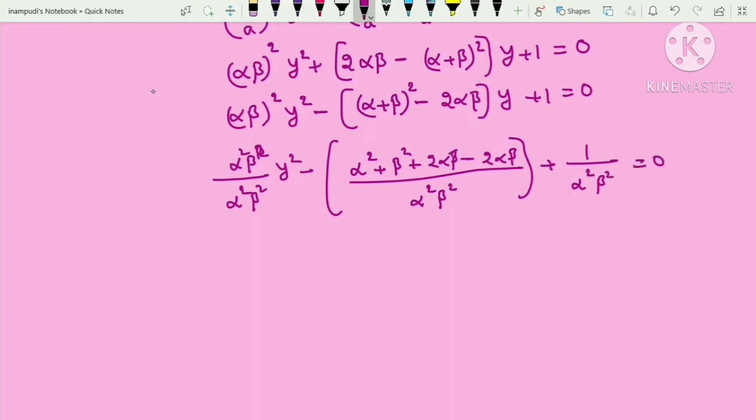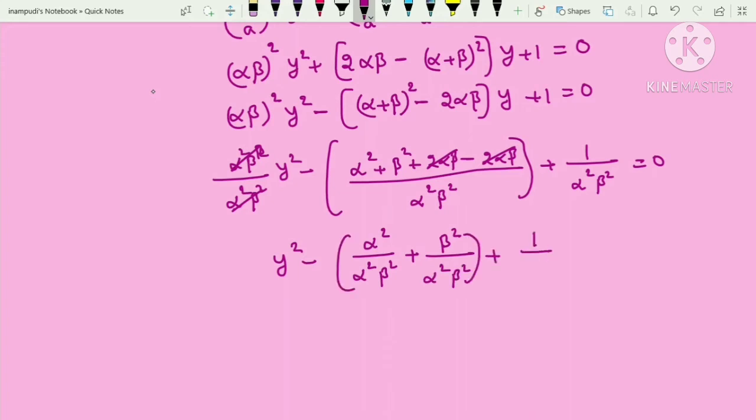This gets cancelled. So y² minus (alpha²/alpha² beta² + beta²/alpha² beta²) plus 1/alpha² into 1/beta² = 0.